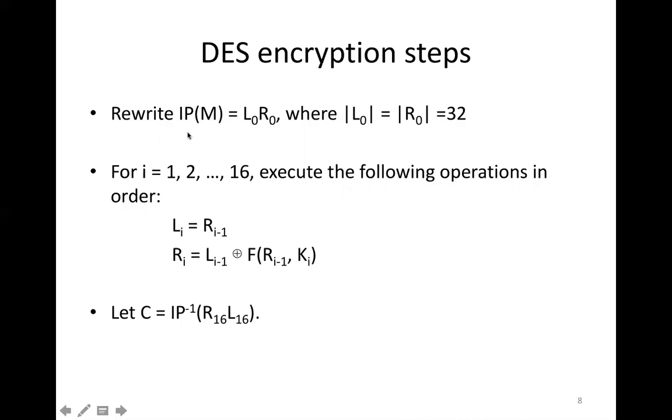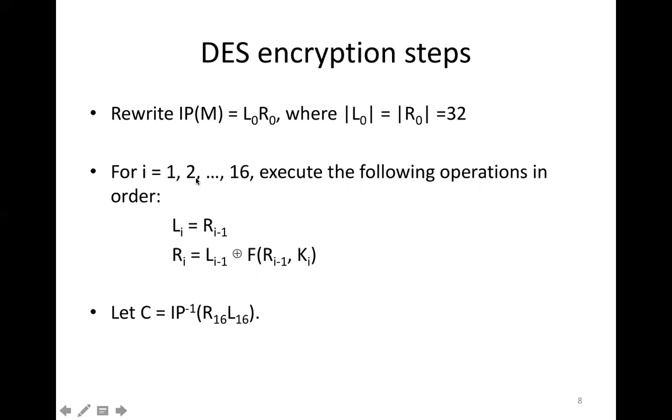Actually, this initial permutation is defined on page 57, but the intention of this is to add one step of diffusion. Now we know that L0 is 32 bits long, and so is R sub 0.